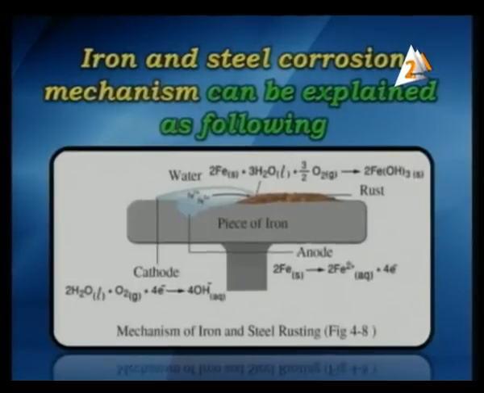The other one, at the cathode: water, liquid 2H2O, with oxygen gas in the presence of the 4 electrons that resulted before, gives 4OH negative. This is the mechanism of iron and steel rusting. This is an important figure.